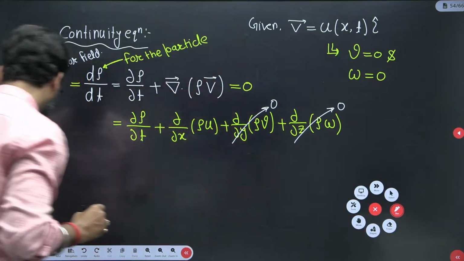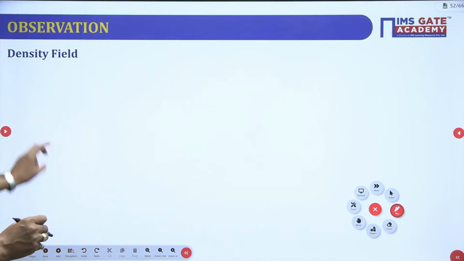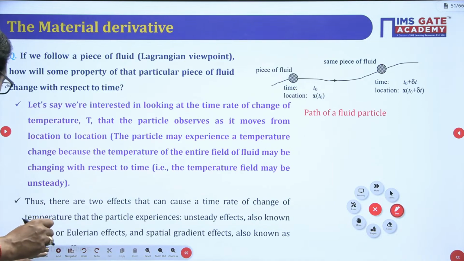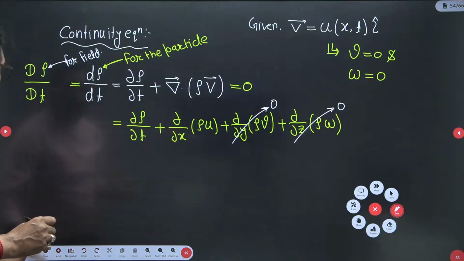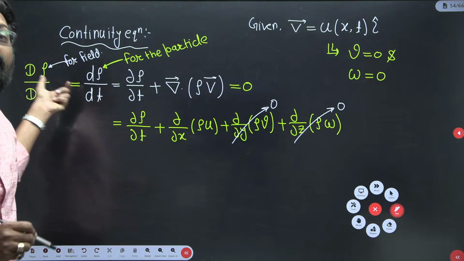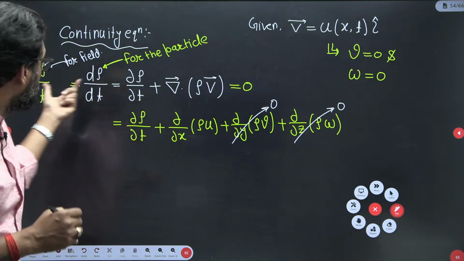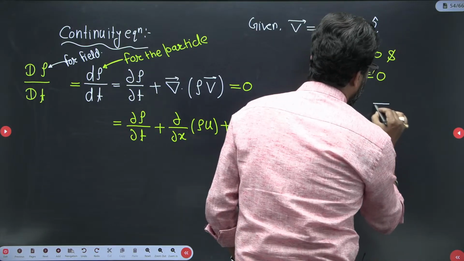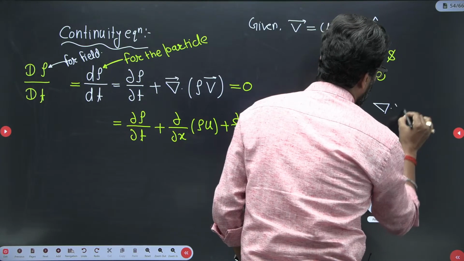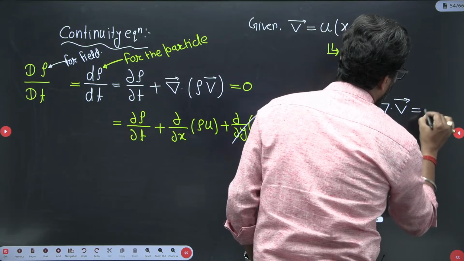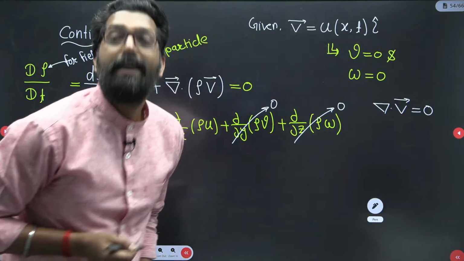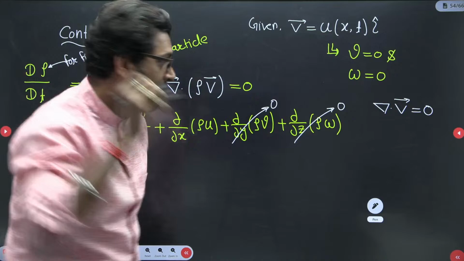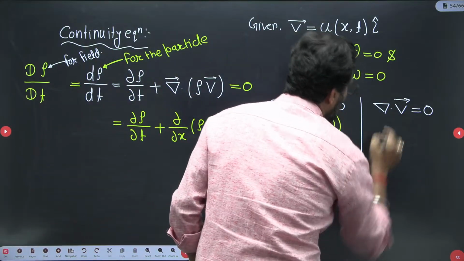Why? Because the total derivative d rho by dt is 0. Why? Because let us see this one. Del dot v vector is equal to 0. When is it 0? We have already discussed. That means this is what?